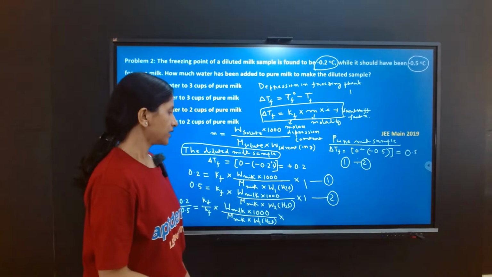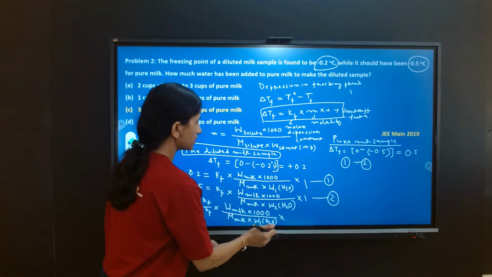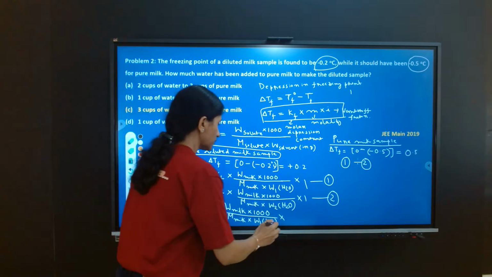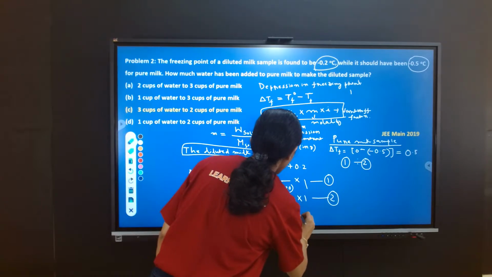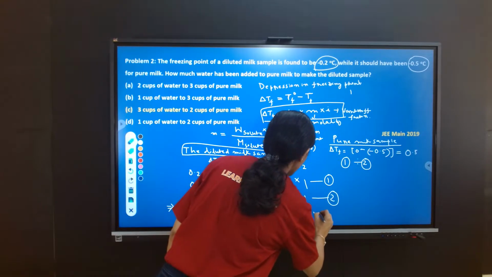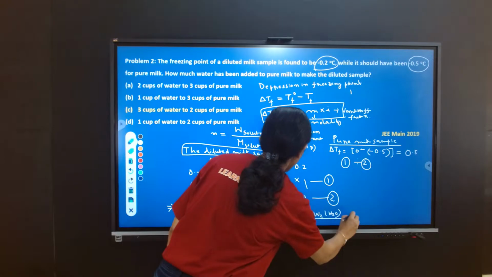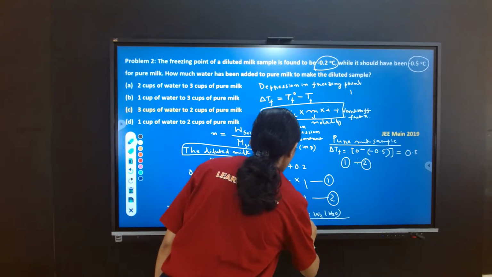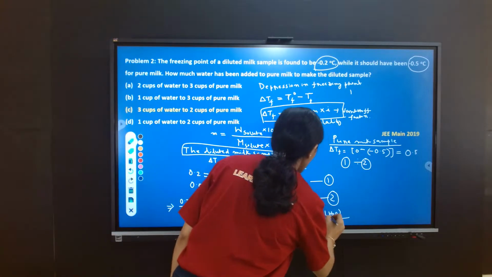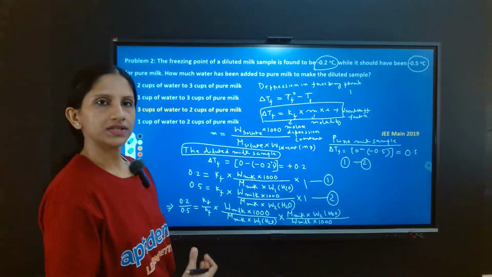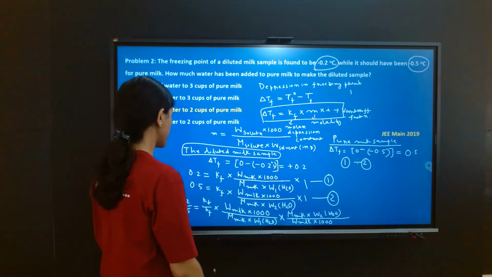Now, as we are dividing, from equation 2 the lower part will go upside. So we will get mass of milk times W2 H2O divided by W milk times 1000. And the Van't Hoff factors for both the solutions are 1, so they are not appearing in this expression.